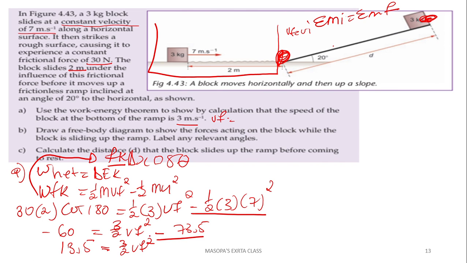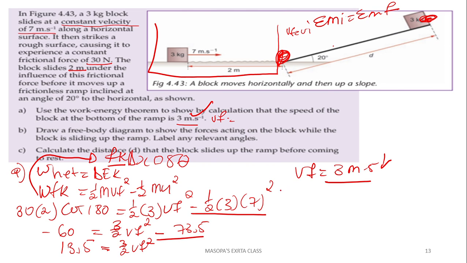Therefore your final velocity there will be 3 meters per second. If you got 3 meters per second, it means that you're on the right track, because the question shows that the final velocity of this object is 3 meters per second. So you were given the answer there.